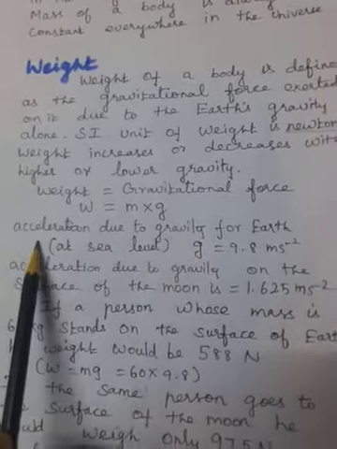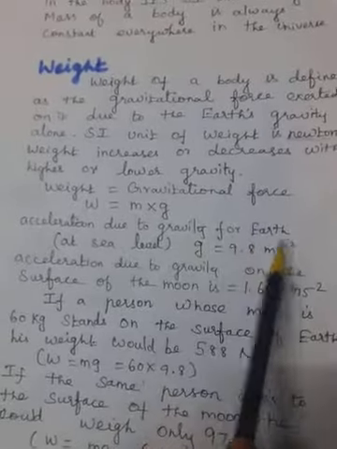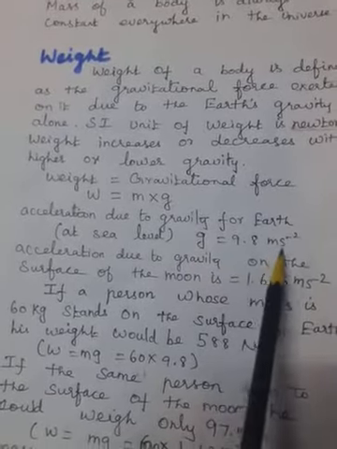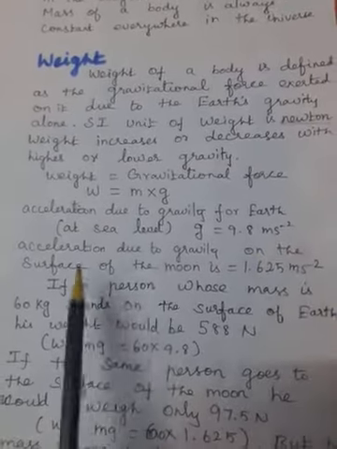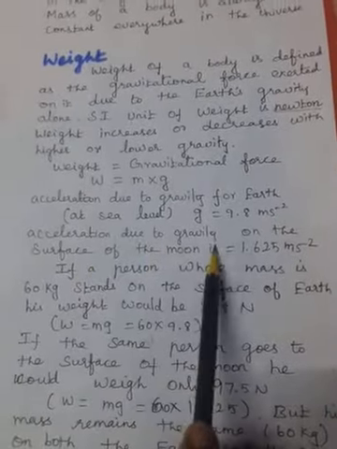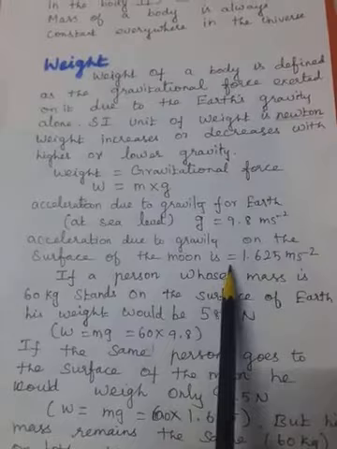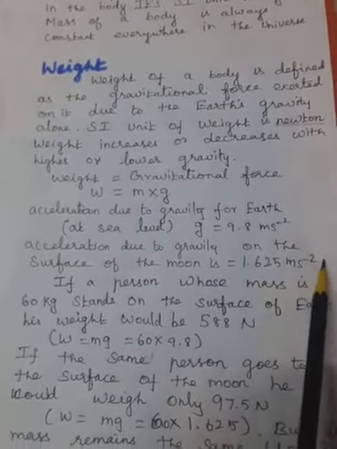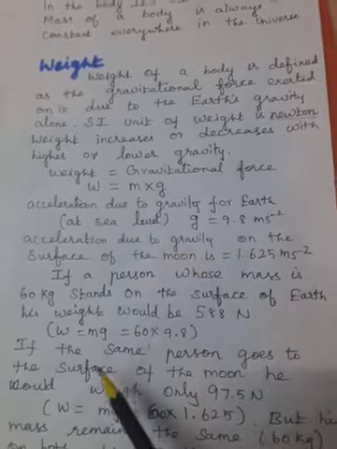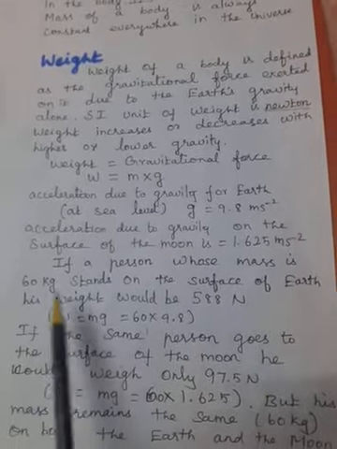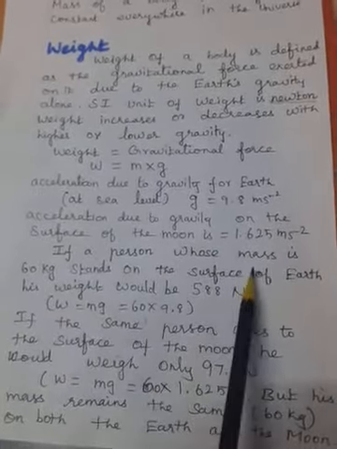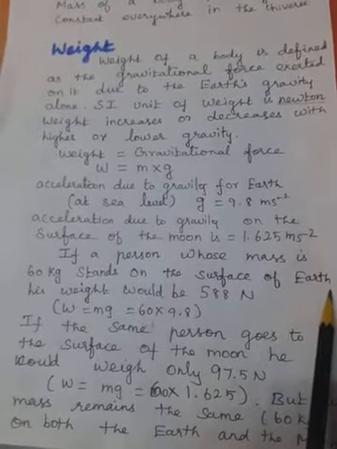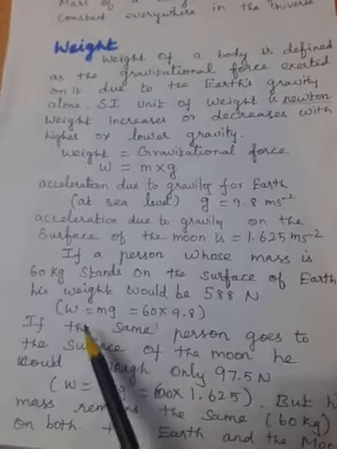Acceleration due to gravity for earth at sea level, g is equal to 9.8 meters second power minus 2. The acceleration due to gravity on the surface of the moon is 1.625 meters second power minus 2. It can be explained with a simple example. If a person whose mass is 60 kg stands on the surface of the earth, how will you find his weight?